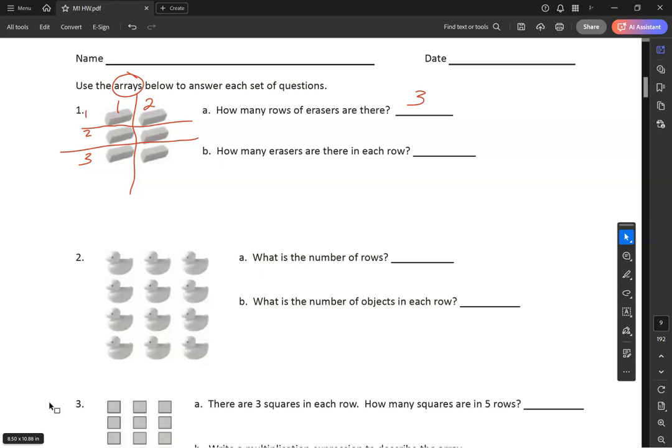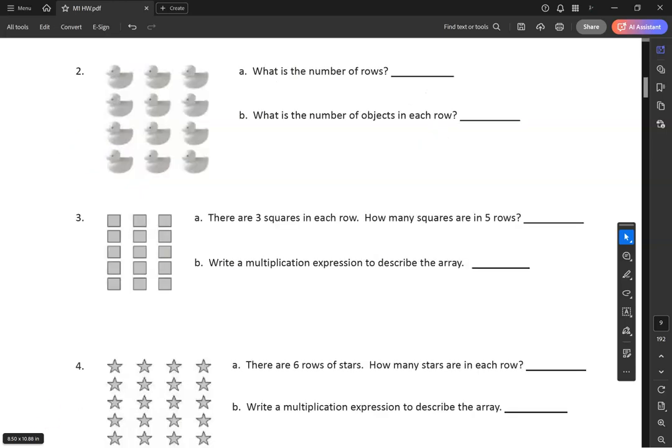Okay, B. How many erasers are there in each row? So here we have one row and we have two, one, two in each row. All right, next one, number two. What is the number of rows? So we have the rows. I'm going to draw my lines here, and I'm going to draw my columns.